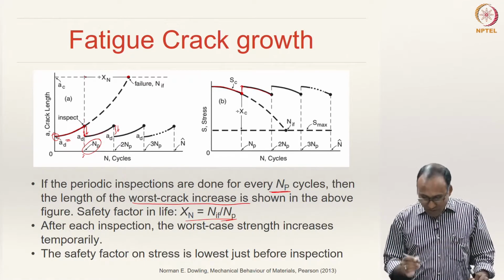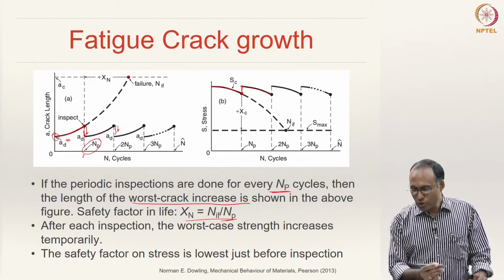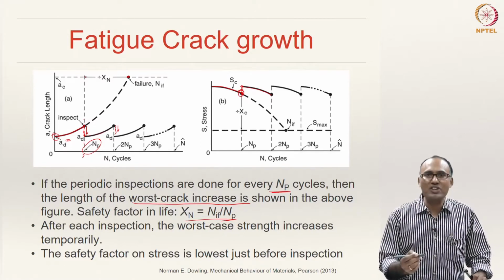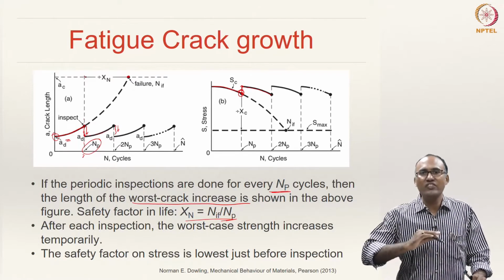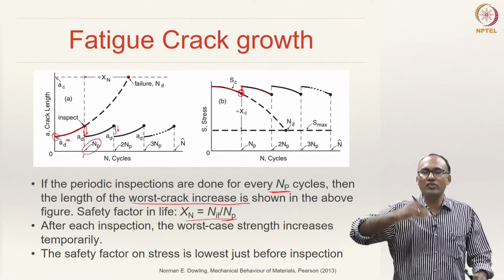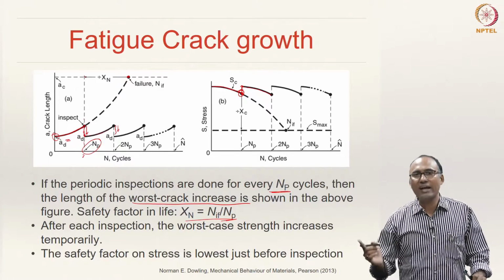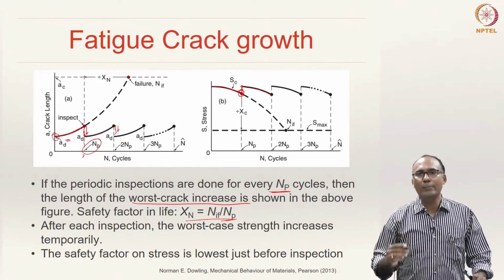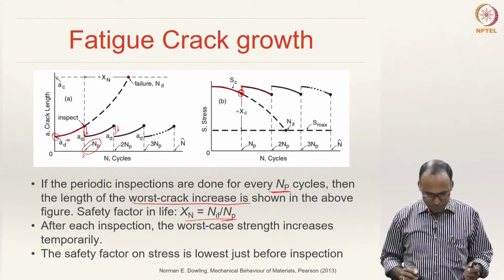And so, the safety factor on stress during this entire process is lowest just before the inspection. Once the inspection is done, the safety factor on stress is increased, because you have done the repair to the crack. The crack length has now reduced from A_D plus some value, A_D plus delta, to A_D.